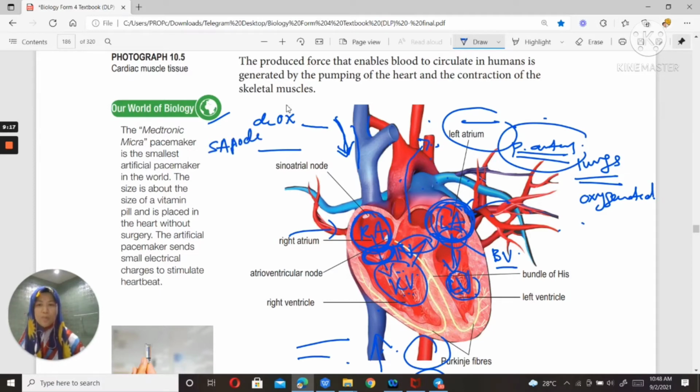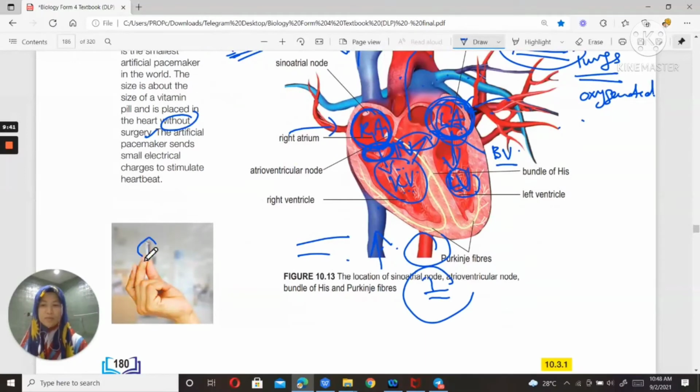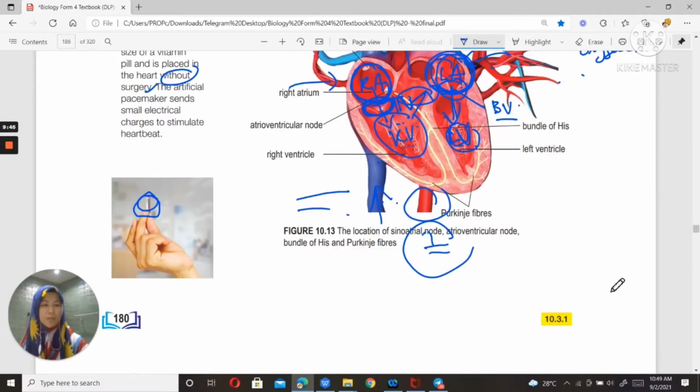The pacemaker will initiate the heartbeat. The size is about the size of a vitamin pill. Sangat kecil. Then it is placed in the heart without surgery, just to stimulate the heartbeat. The size is just like a vitamin pill.